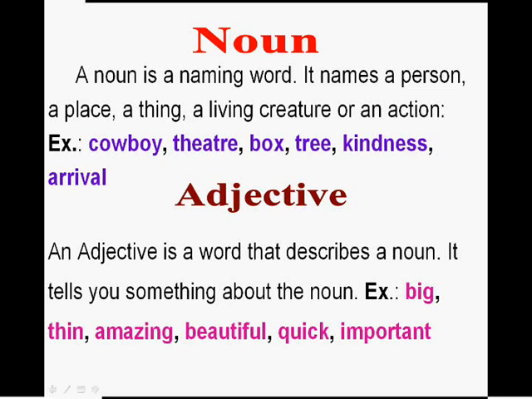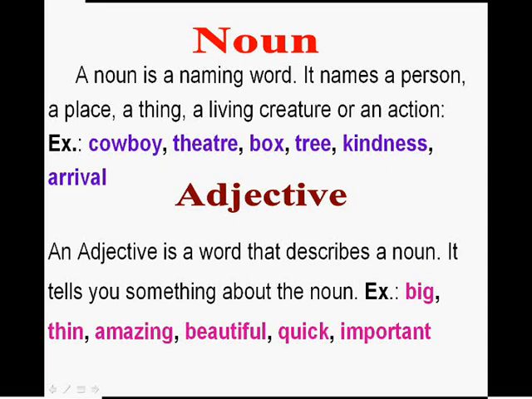So, when you have a noun, which of course is a naming word, then you can find in the sentence an adjective which describes this noun. Like a big box. I'm describing the box by being big. Or let's say a beautiful tree.